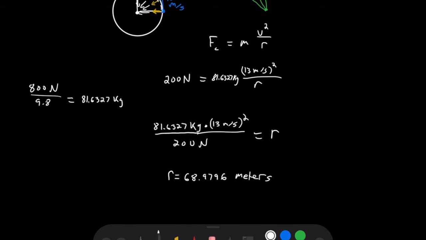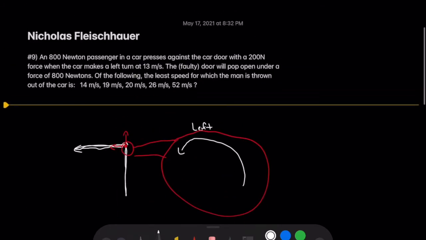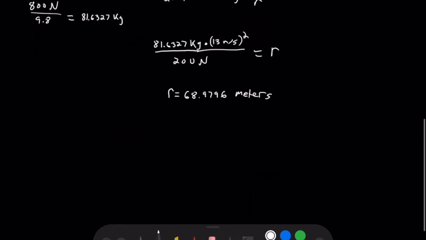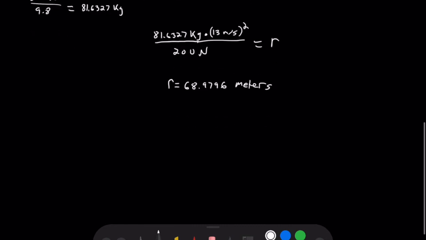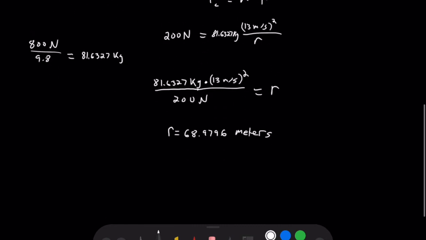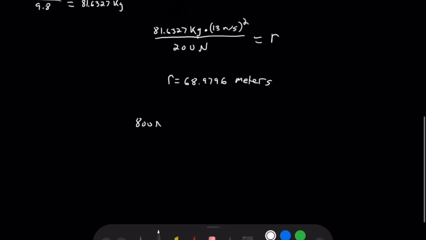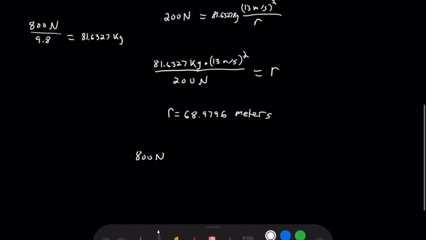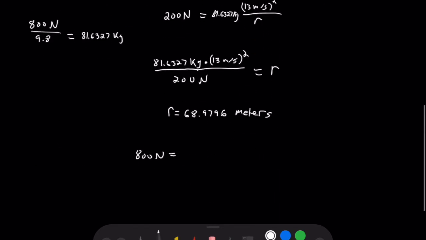This is in meters. So it says that the faulty door will open under a force of 800 newtons. So what we want to do is figure out for what value of velocity we will experience 800 newtons of force to pop the door open so that the person will fly out of the car. Very unfortunate, but that's what we're checking.